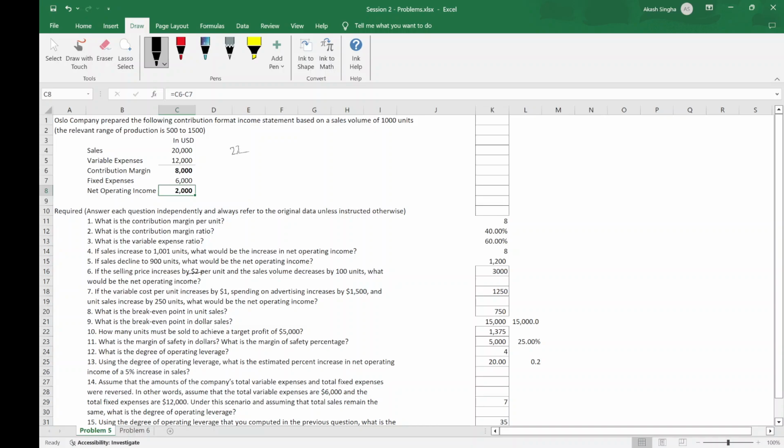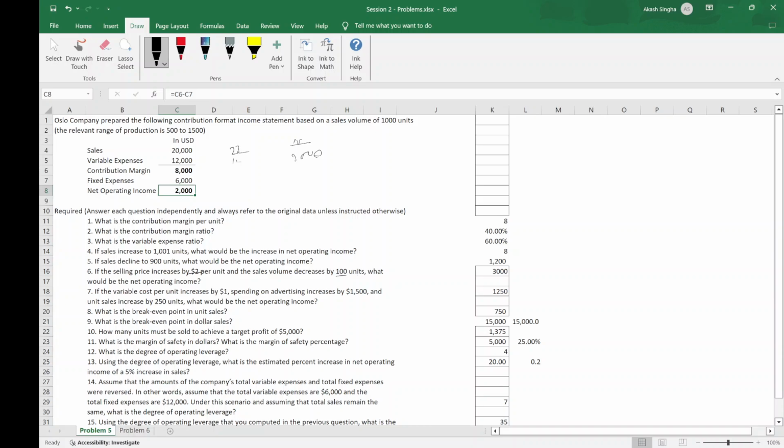Variable expenses will be 12 per unit, so contribution margin will be 10 per unit. Volume decreases by 100 units, so 900 units at 10 per unit. So 9,000 total contribution margin. Fixed expense will be same. So net operating income will be 3,000, because 9,000 minus 6,000 equals 3,000.